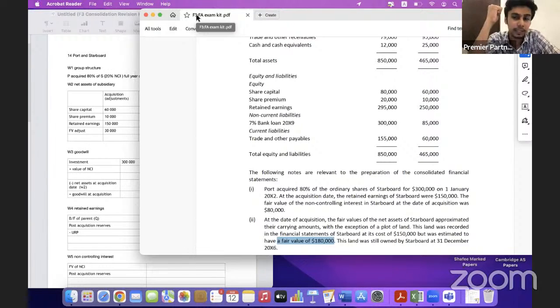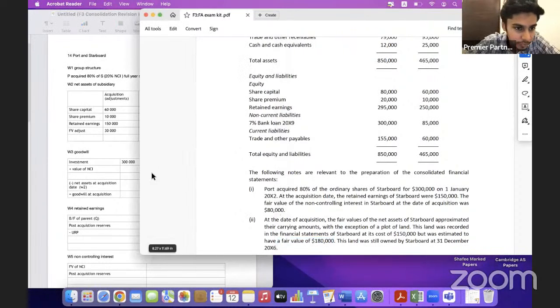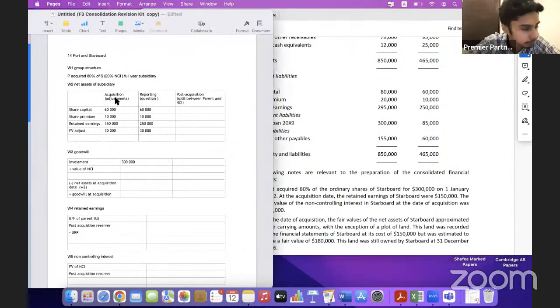Now the next part, how to mark this, right? Step 1, fair value adjustment, guys, you have to mark it in working number 2, both the columns. That's step 1. Why are we marking it in both the columns? It happened on this date here. At the date of acquisition, it happened on this date. Got it? Right.